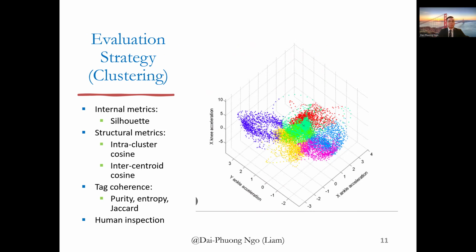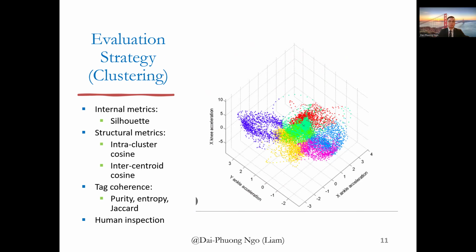Because clustering is unsupervised, evaluation relies on multiple complementary signals. I compute standard internal metrics such as silhouette in the space where clustering occurs. However, these are only part of the story.